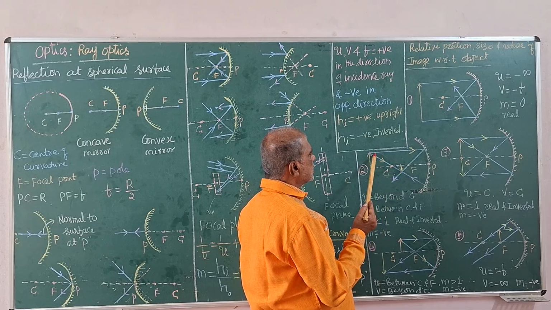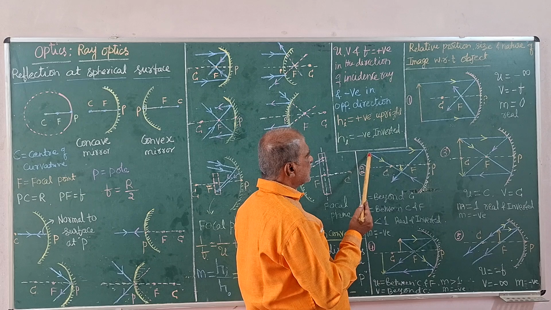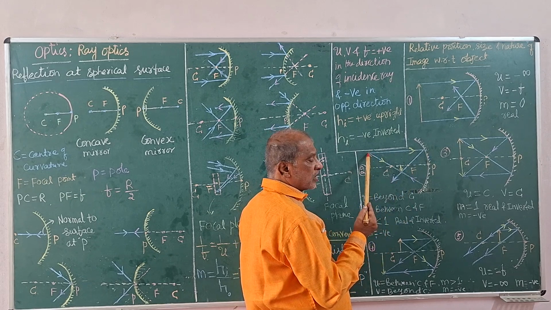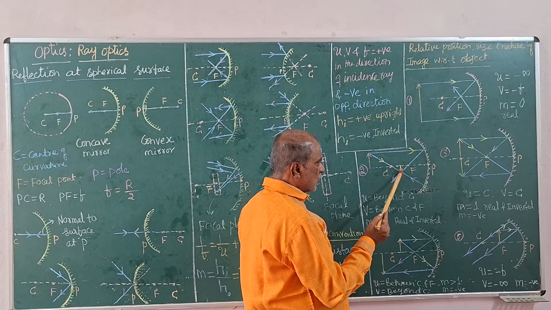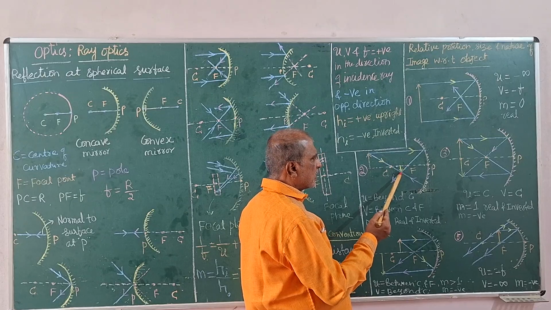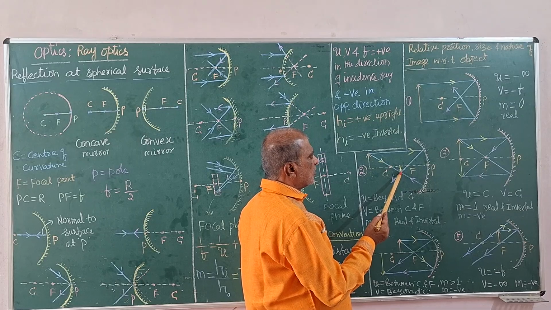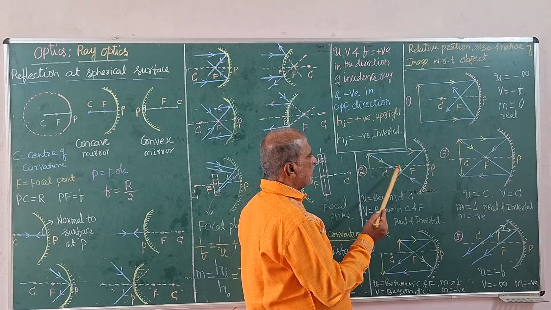All the rays coming from this point pass, after reflection, only through this point. This point of interception is the point of image, the tip of the image.